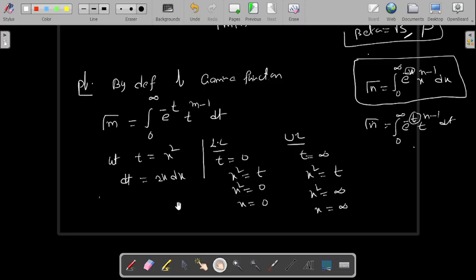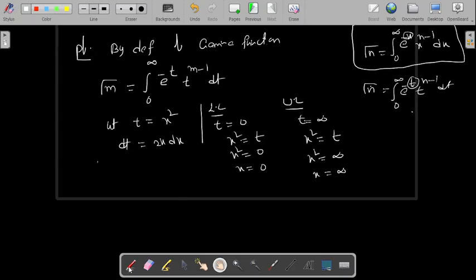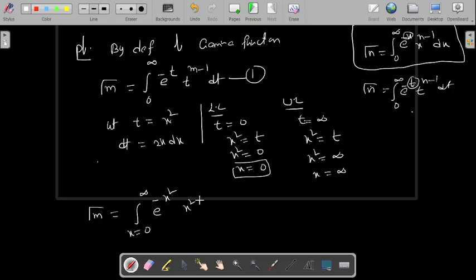So gamma m equals integral from x equals 0 to infinity, e power minus x square, substitute the t value, x square whole power m minus 1, and dt value is 2x dx.